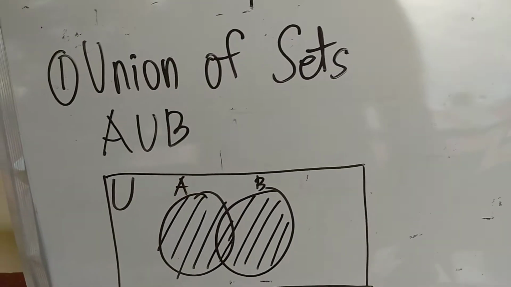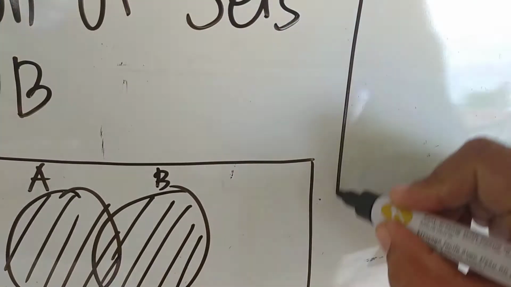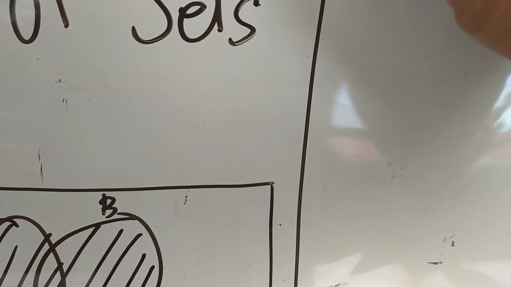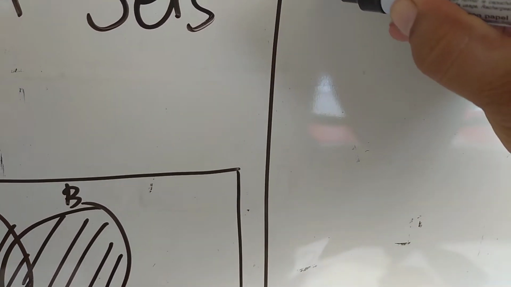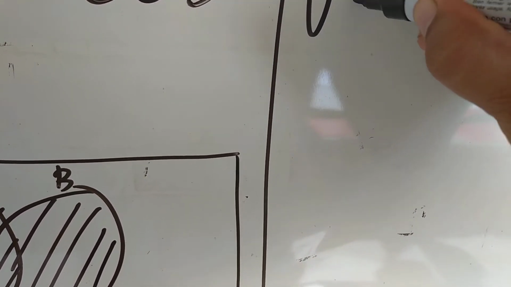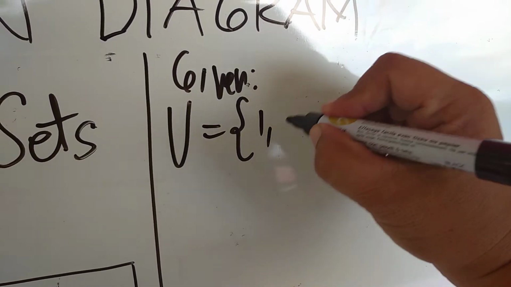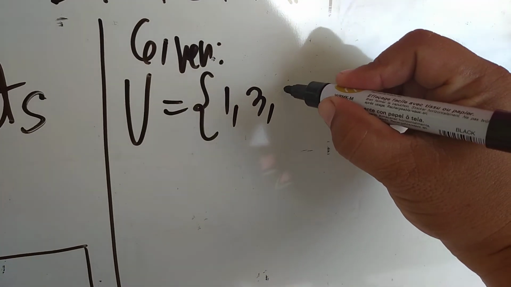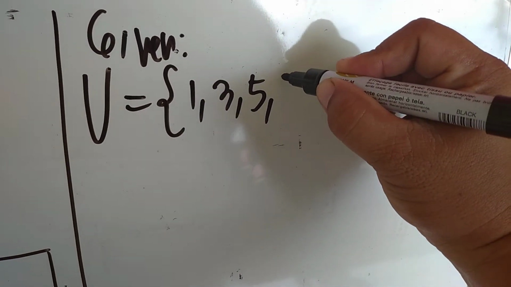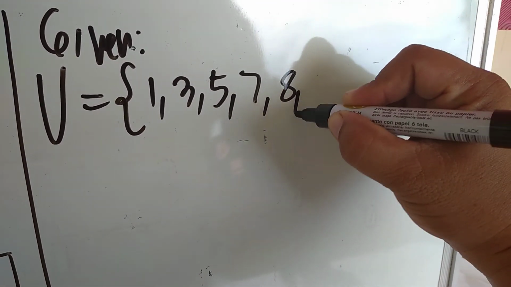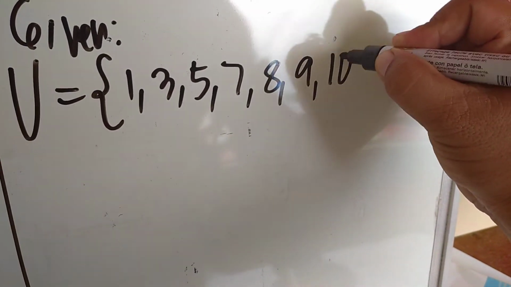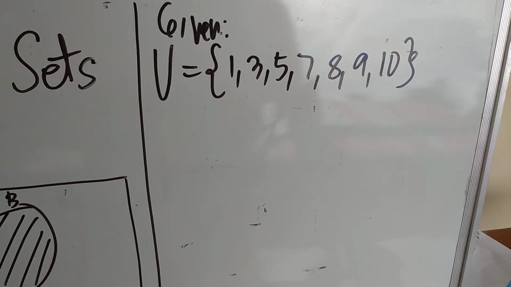Okay, example. If we have here a universal set, which is 1, 3, 5, 7, 8, 9, and 10. Okay.